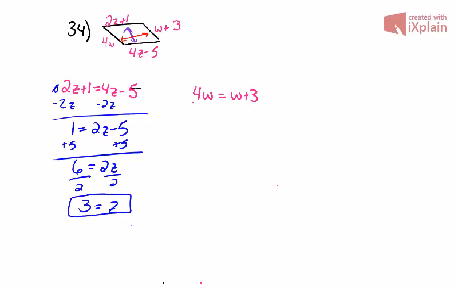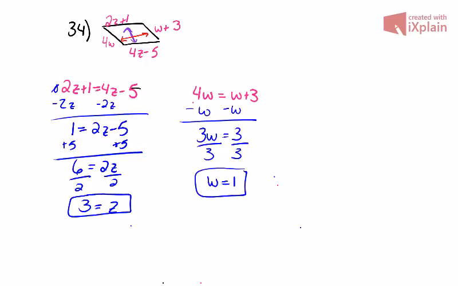And then on this other equation over here, I will subtract w. 3w is equal to 3. Divide by 3, and w is equal to 1. So for 34, you get z is equal to 3 and w is equal to 1.